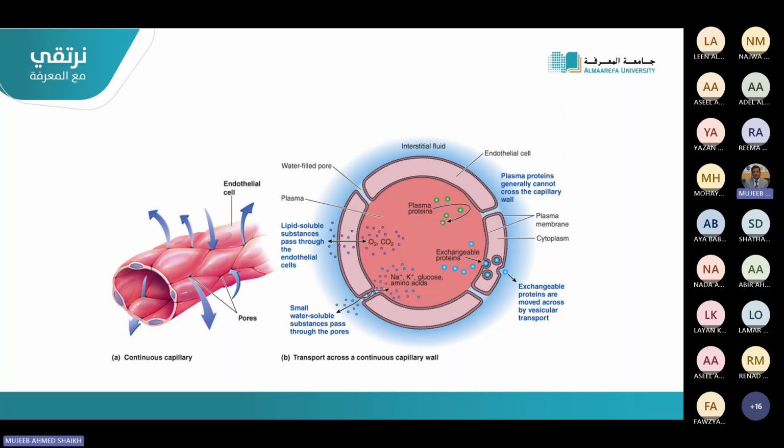Okay, but there is one chemical which cannot leave the circulation. What is that? The plasma protein. Although the size of the hole is more than the size of the protein, still it cannot go. Why?